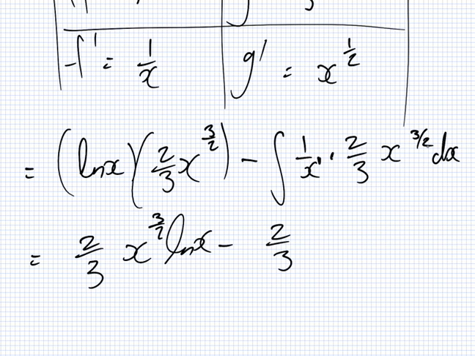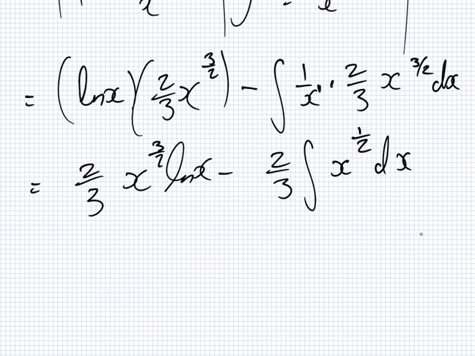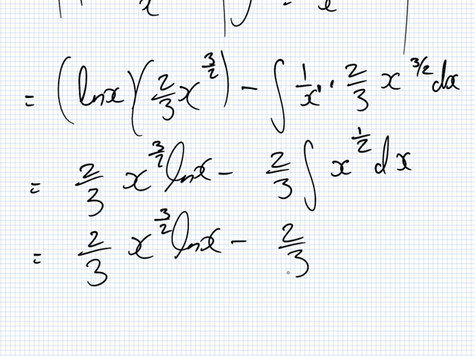So 3 over 2 minus 1 is a half. Okay, so that can be done in one step. Increase the power by 1 and then divide by the new power again. Okay, so it's finished now.